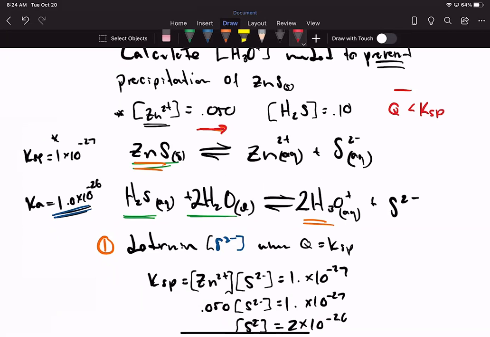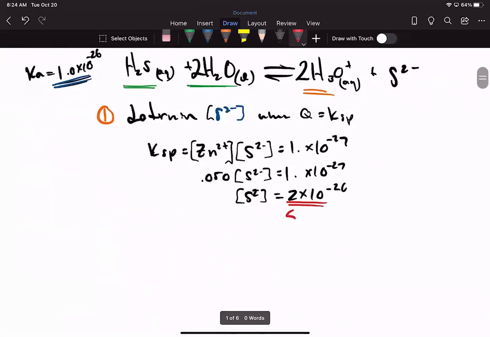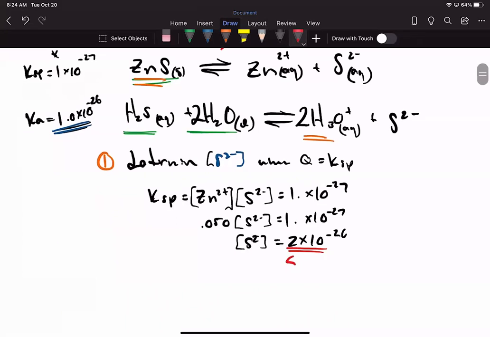If Q is less than KSP, then we're going to have a shift to the right. In order for us to have a Q that's less than KSP, the concentration of S2 minus has to be less than this value. So the concentration of sulfide ions has to be less than that, and that would bring down the Q.